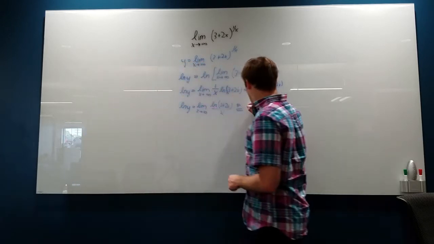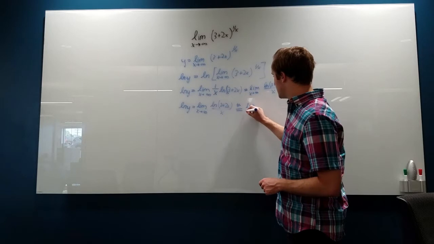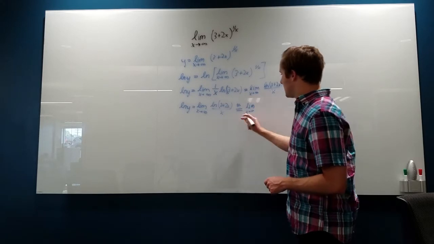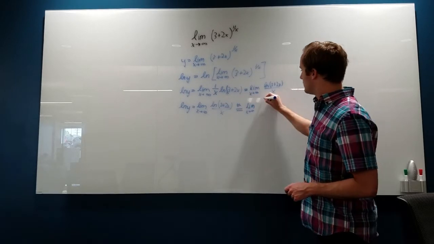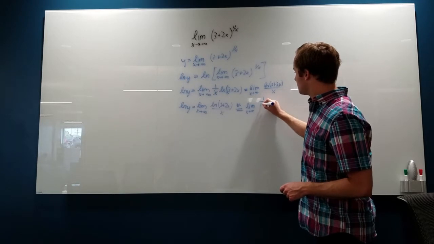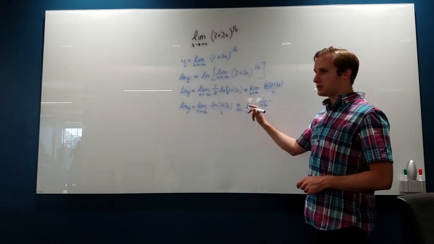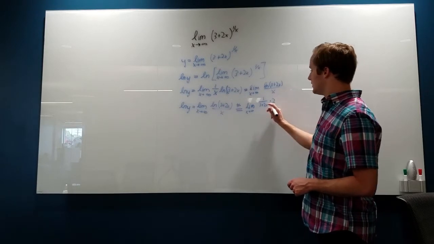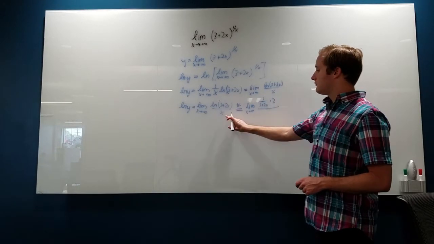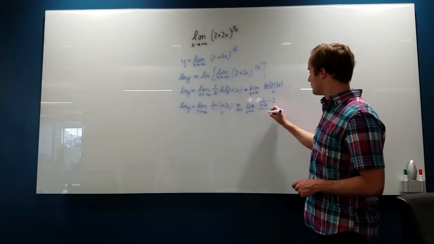And I'll take the derivative of the top, which is 1 over 3 plus 2x times the derivative of the inside, 3 plus 2x, the derivative of that is 2. Remember the chain rule. Over the derivative of x on the bottom, which is just 1.